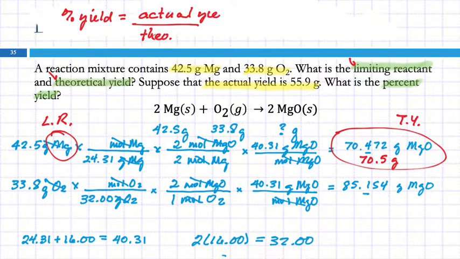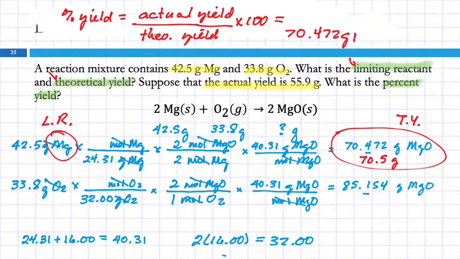So technically this is actual yield divided by theoretical yield times 100. This is our theoretical yield. Best to use the unrounded number in the calculation, 70.472 grams.